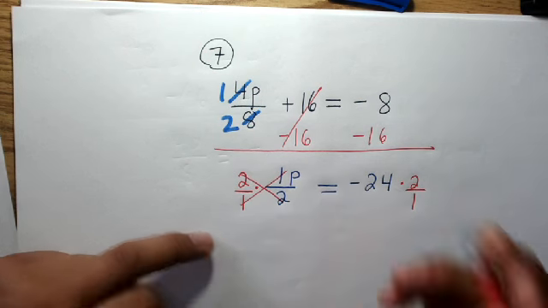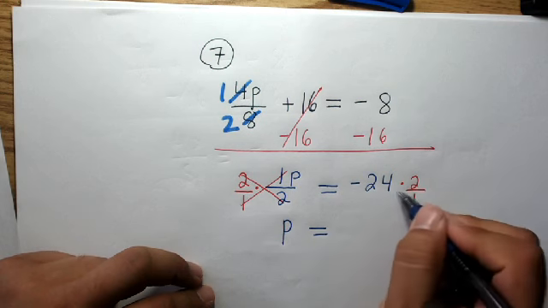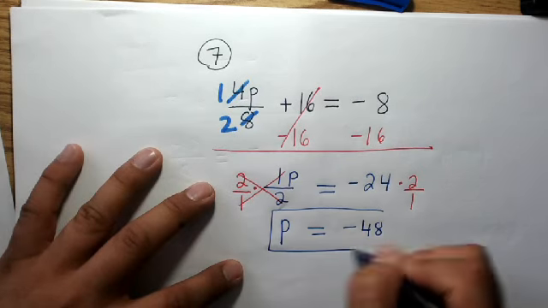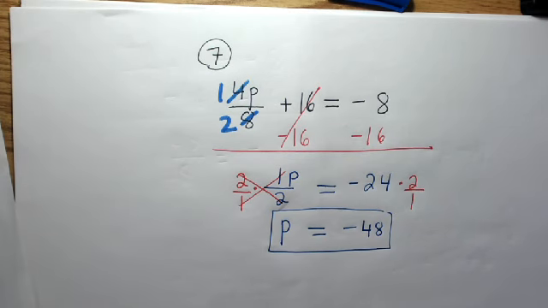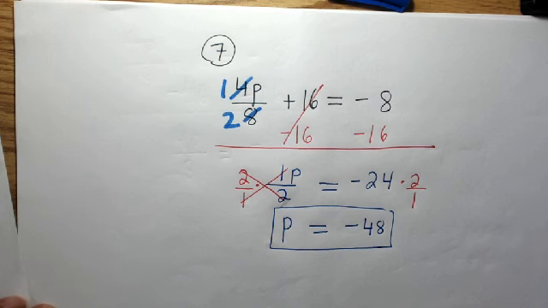This cancels, and you're left with p equals negative 24 times 2, which would give us negative 48. That would be the correct answer. Any questions on this problem?